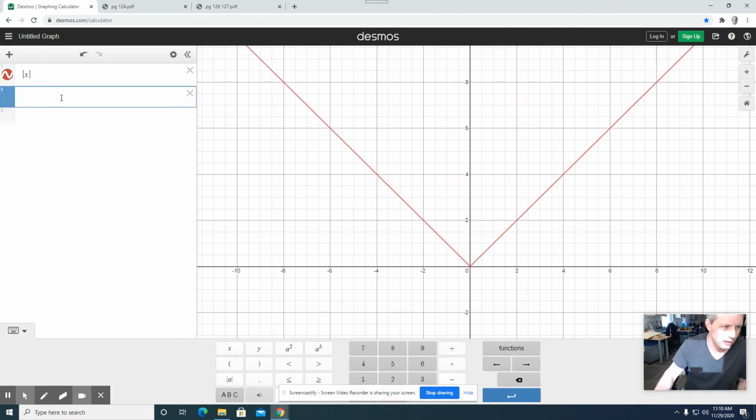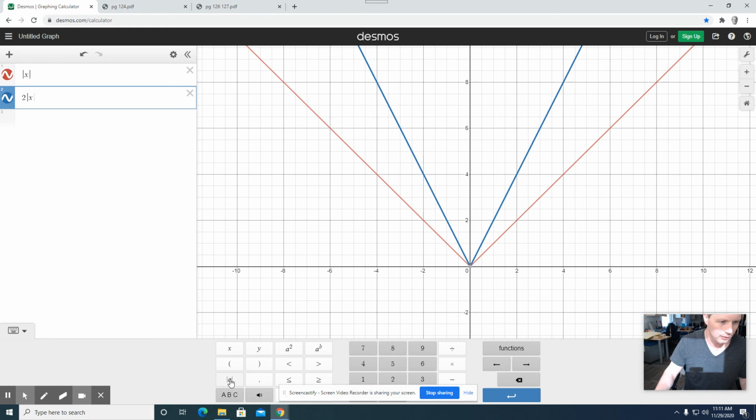If I want to stretch this vertically, then I need to multiply it by some constant greater than 1. So let's take 2. So 2 times the absolute value of x is that one right there. It's this blue. You can see the difference is that it has been stretched vertically. The distance between any 2 points right here has gotten smaller.